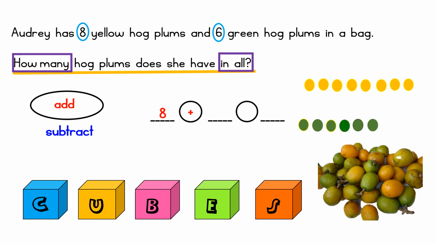So we stopped at 8. We're going to count on 9, 10, 11, 12, 13, 14. So, 8 plus 6 equals 14. Audrey has 14 hog plums.